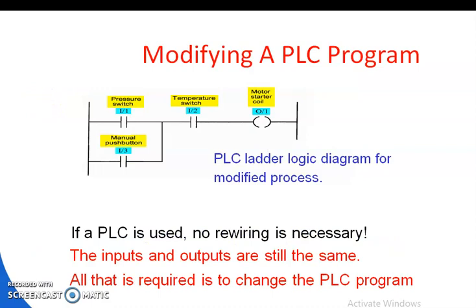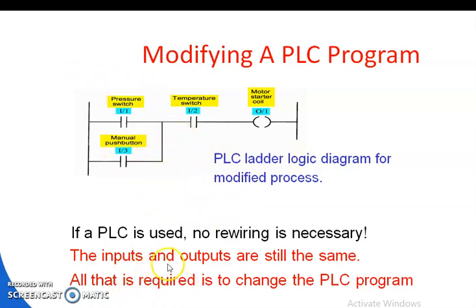Modifying a PLC program. This one is the ladder diagram, the PLC ladder logic diagram for the modified process. This one is the pressure switch represented by I/1, temperature switch represented by I/2, motor starter coil represented by O/1, manual push button represented by I/3. So if a PLC is used, no rewiring is necessary.